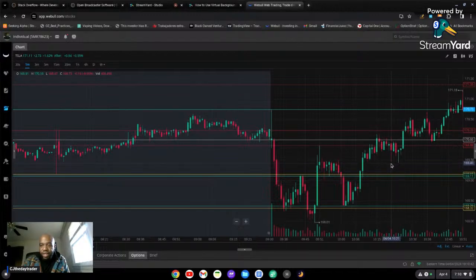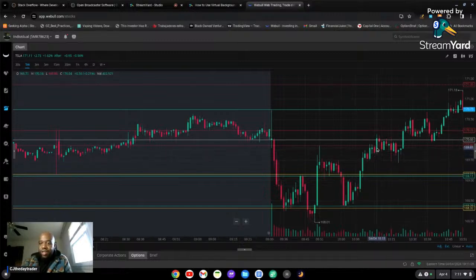I could say this low below this candle wick here, because this low was 169.43. This one was 169.47, so it didn't get there. This one was 44, so it didn't get there. So even if you had your stop to the penny at 169.43, you would have not gotten stopped out.